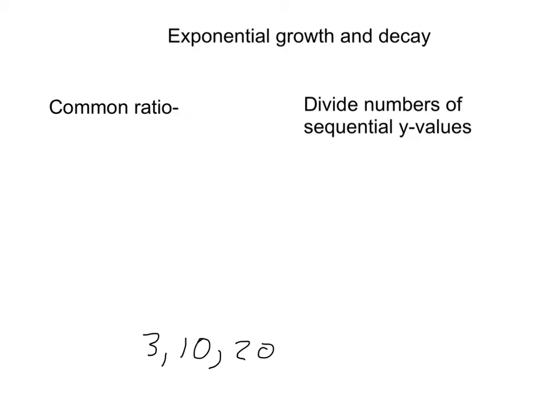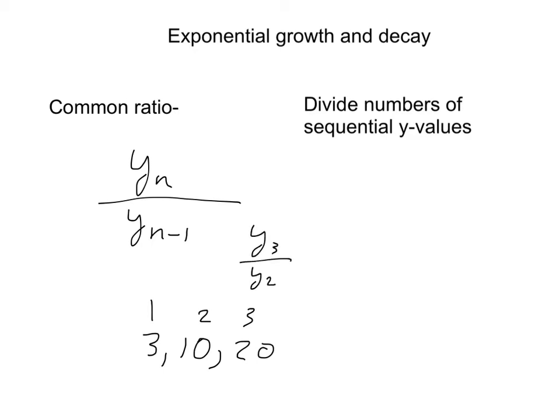How you figure it out is you take y n and divide it by y n minus 1. Here these are our first, second, and third y values. So we would take y3 and divide by y2, which is 20 over 10 equals 2.